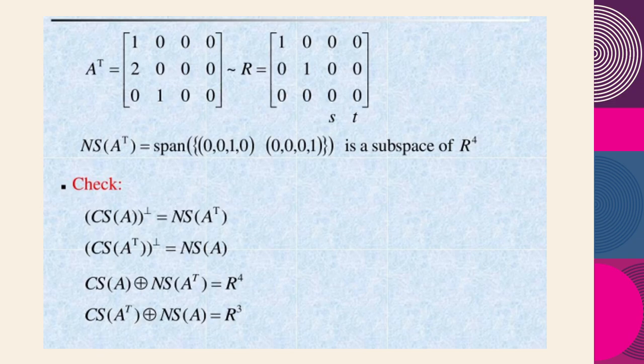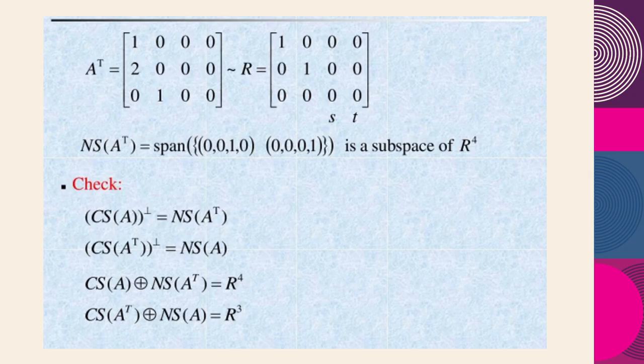Now we find the null space of A transpose by solving A transpose times x equals 0. After row reducing A transpose, we get free variables s and t, and the resulting null space is the span of (0, 0, 1, 0) and (0, 0, 0, 1), a subspace of R4. We can double check our earlier theorem.